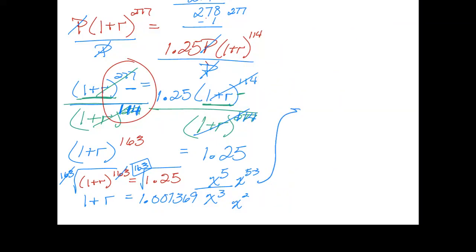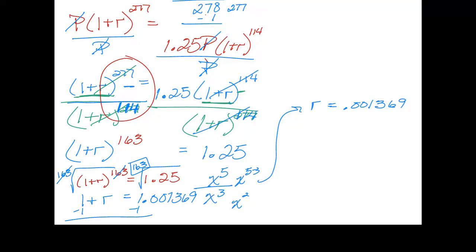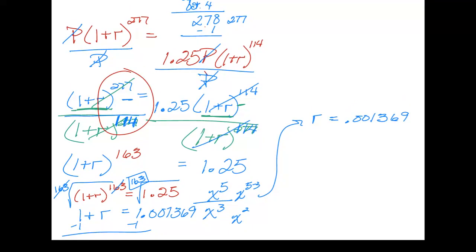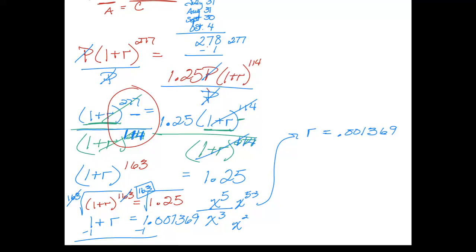All right, so if that's 1 plus the rate, then after I subtract 1, my rate is 0.001369. But we have to find the initial amount yet.